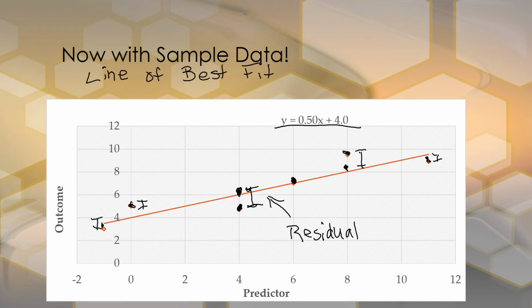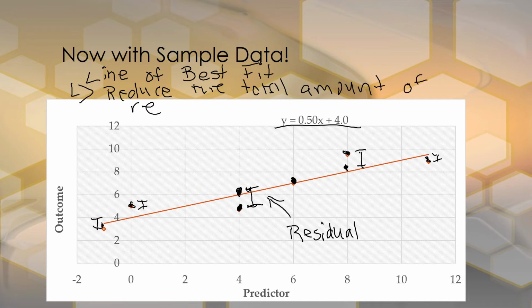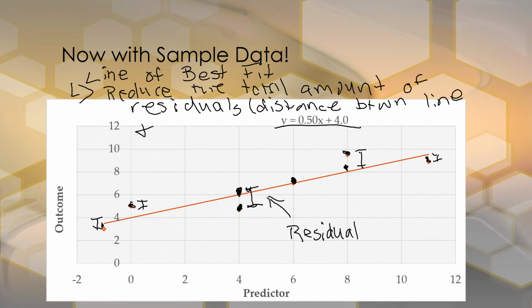So what you try to do when you make a line of best fit, you reduce the total amount of residuals, which is the distance between the line and the data, and that is vertical distance.